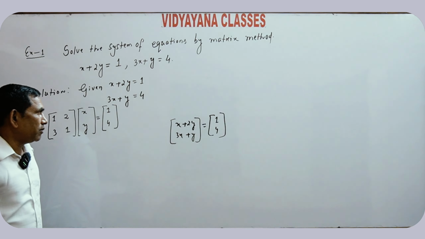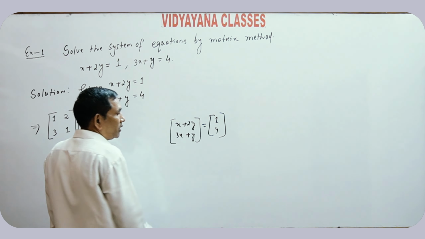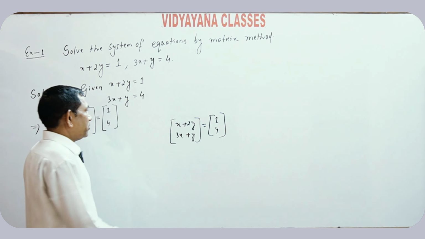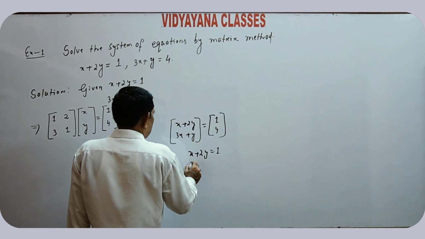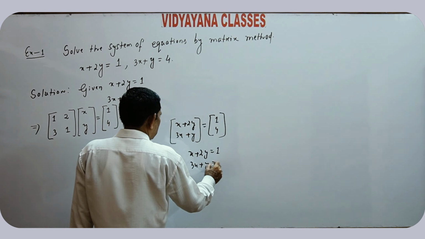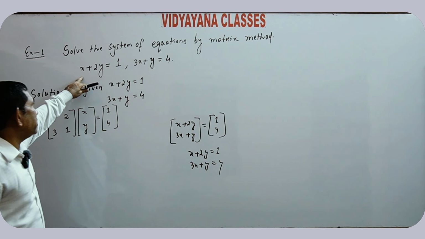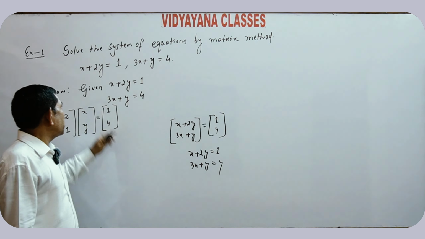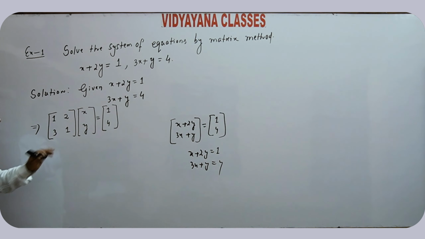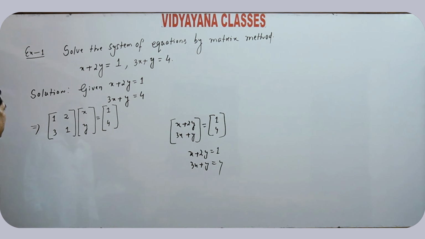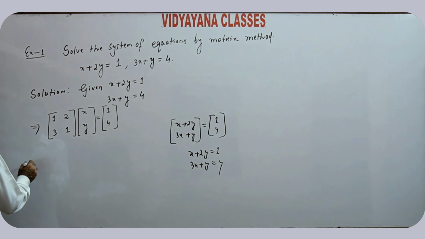Two matrices are equal, their corresponding elements are equal, so x plus 2y is equal to 1, 3x plus y is equal to 4, which is the same as this. So the system of equations can be written in this form. Clear?